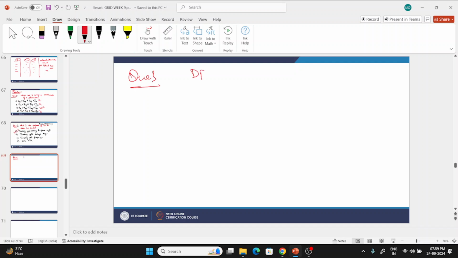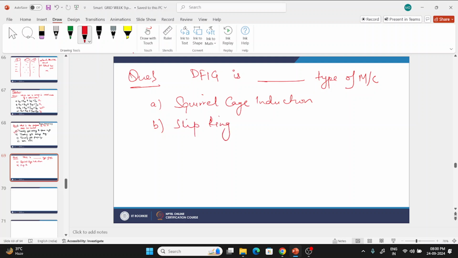क्वेश्चन नंबर 3, what is DFIG, is a type of machine. A squirrel cage induction, B slip ring induction, C both, and D none. तो इसका आंसर बताइए। क्या है आंसर?